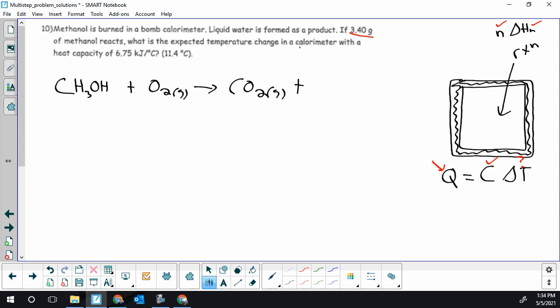And one difference, we're going to get water like we do in combustion, but it's going to be liquid water inside a bomb calorimeter. This is not an open system like you would have burning something open on a lab bench. So we're going to have to watch out and make sure we look up the correct water value in our table. Most of the time you're looking up water vapor. Now the molar enthalpy that we're going to want is for our methanol. But we've got to get the delta H first. We need a balanced chemical equation.